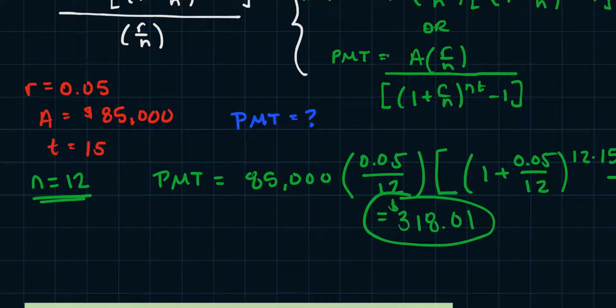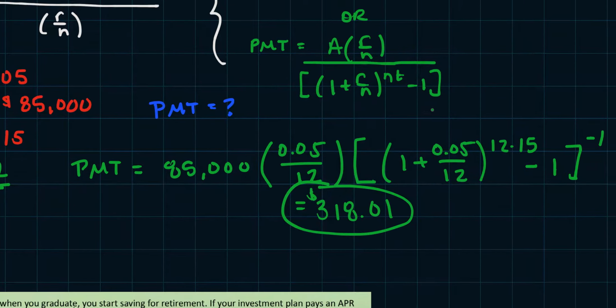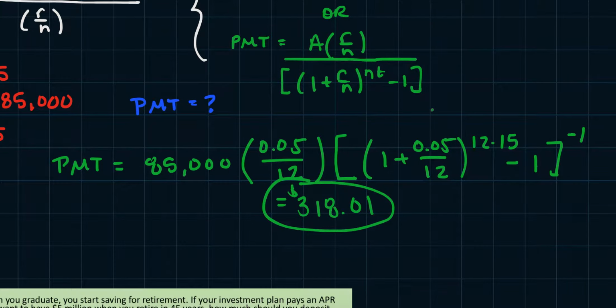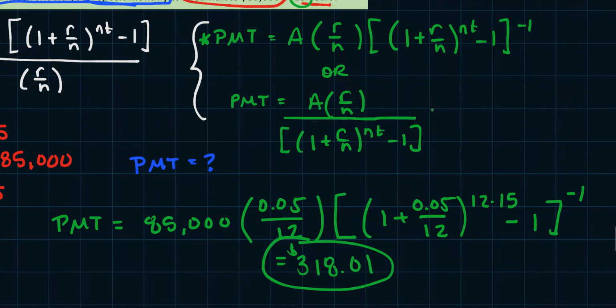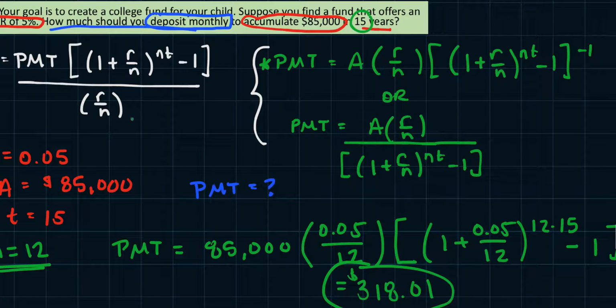Now let's try the other formula just so that you see that I can use either formula here. Another thing I might have mentioned in the last video: I told you that maybe you should do just the top part of the fraction and then hit enter and then divide by the bottom part.